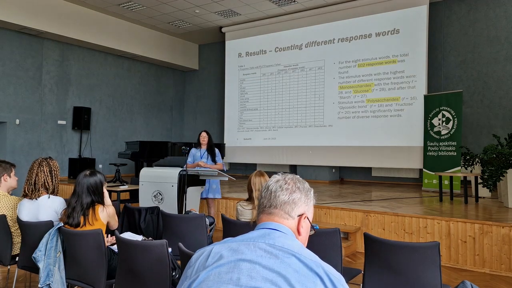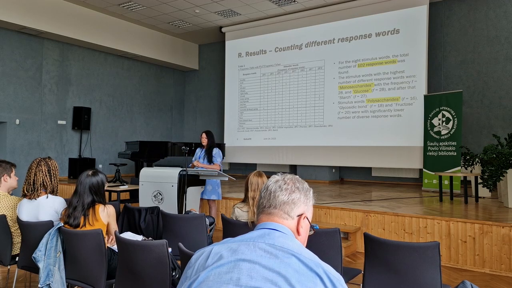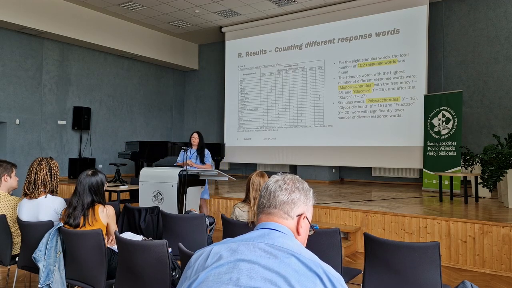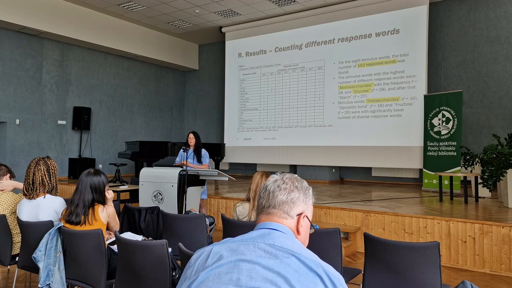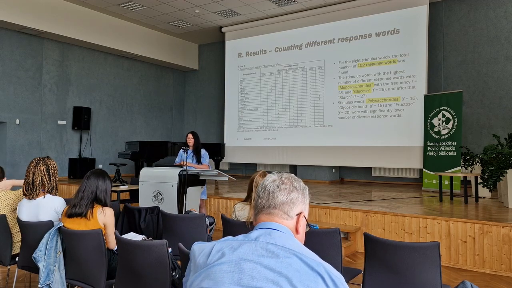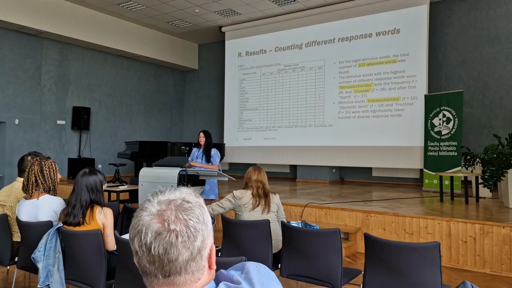So at the beginning, we started to count the different response words for the 8 stimulus words. For some stimulus words, for example monosaccharides or glucose, our students were able to provide enough diverse response words. On the other hand, for stimulus words like polysaccharides or fructose, they were not able to provide enough different response words.